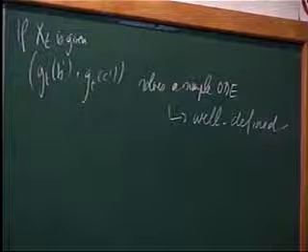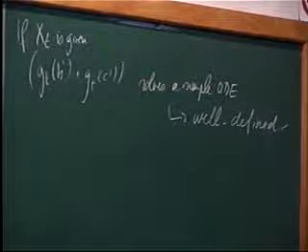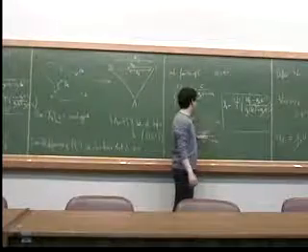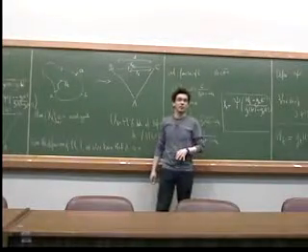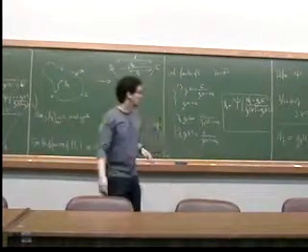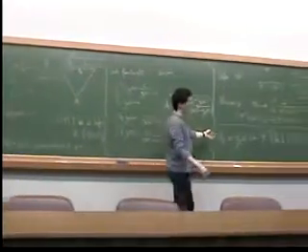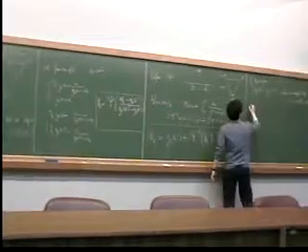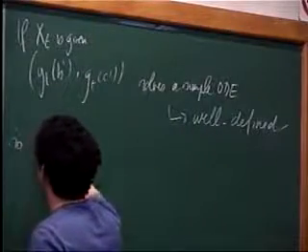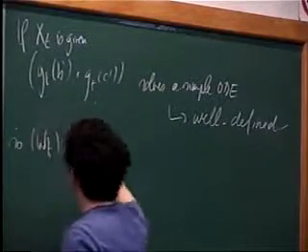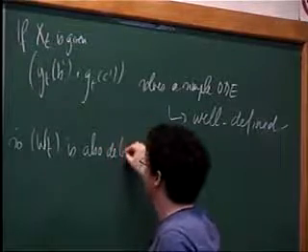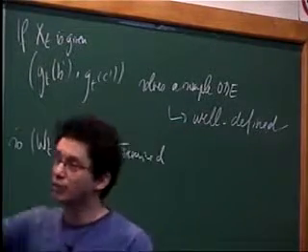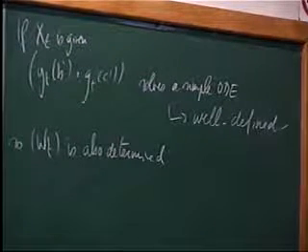Okay. So now, what I explained to you is if I know xt, I know gt of b prime, I know gt of c prime, all these functions. Well, so I know wt also. Okay. So wt is also determined, up to the time at which the curve maybe hits b prime or c prime.